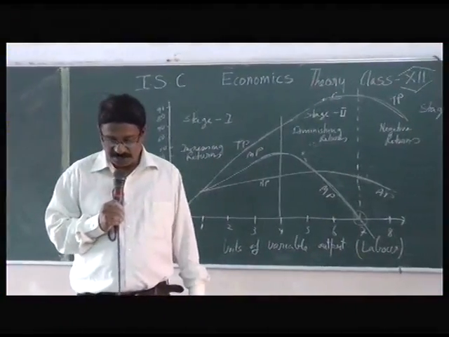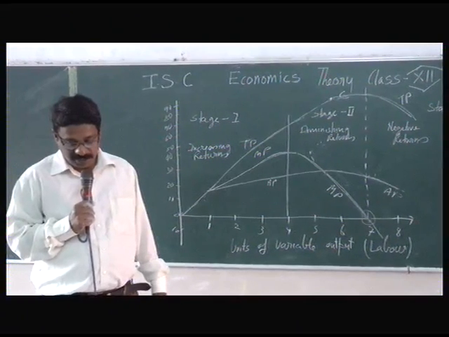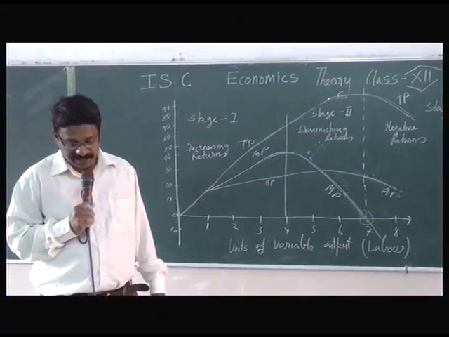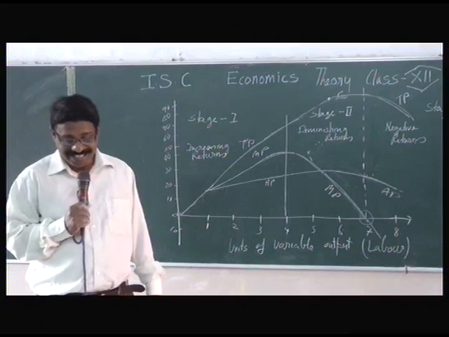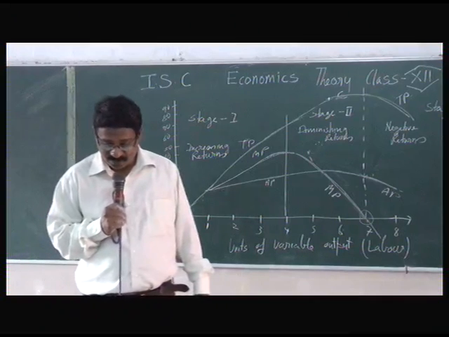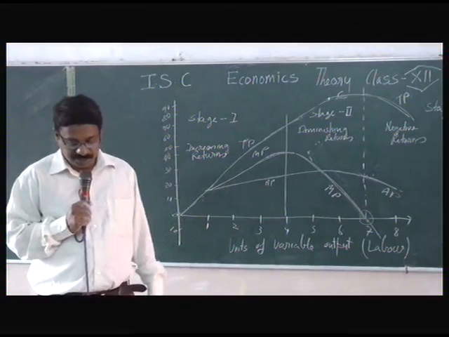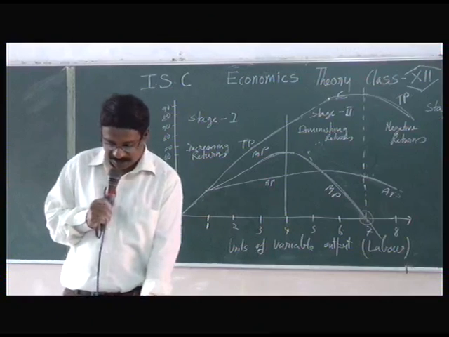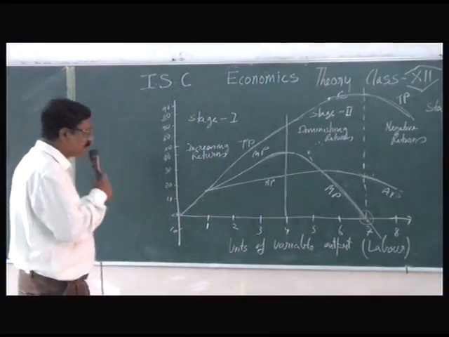A rational producer will try to operate in the diminishing returns phase because when TP is at its maximum, after this stage there will be no incentive for further production and TP starts falling. Then MP becomes negative. However, when the diminishing returns phase starts at this point, MP cuts AP. So this is the concept I have taught you.